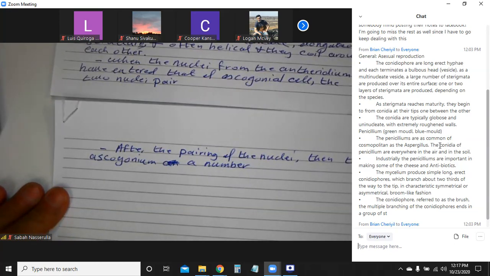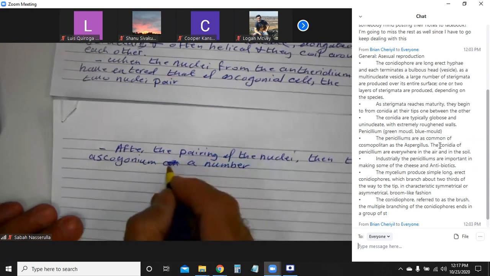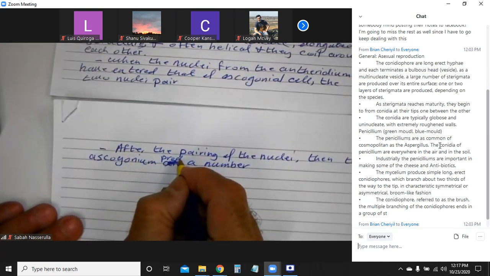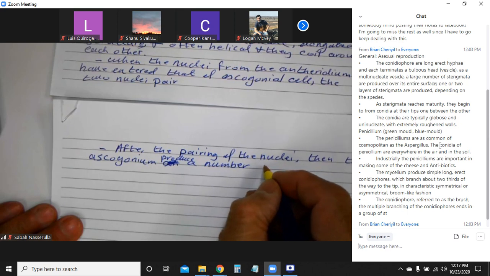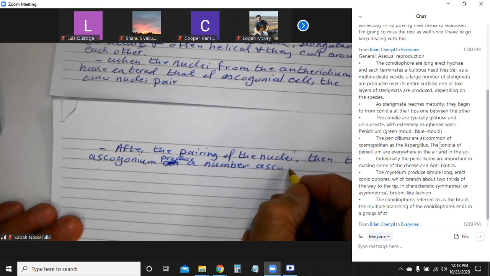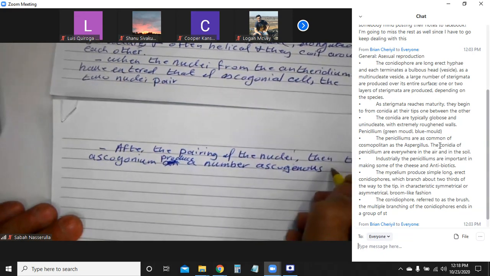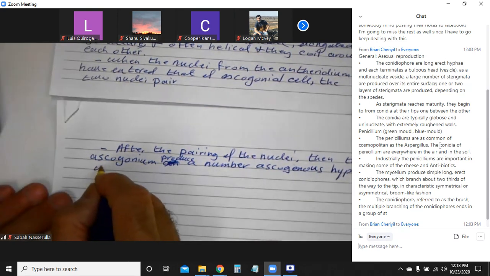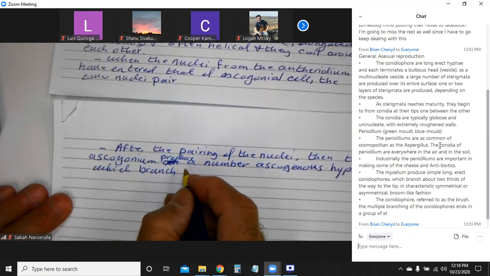That means the hyphae are developing from the ascogonium.